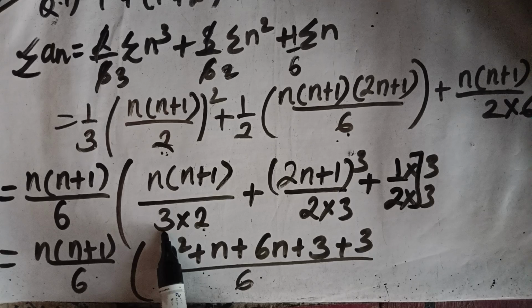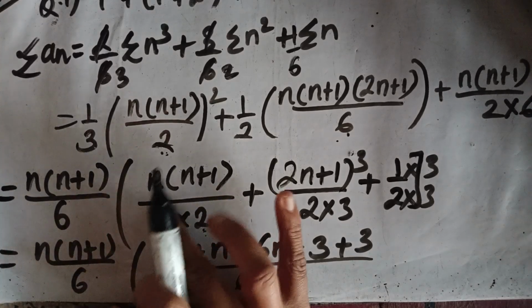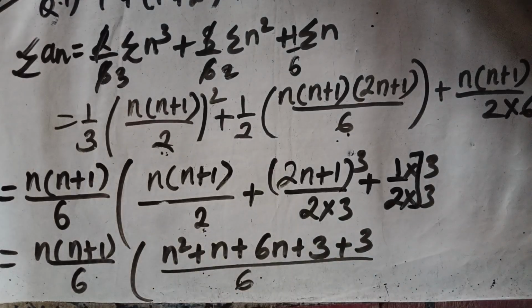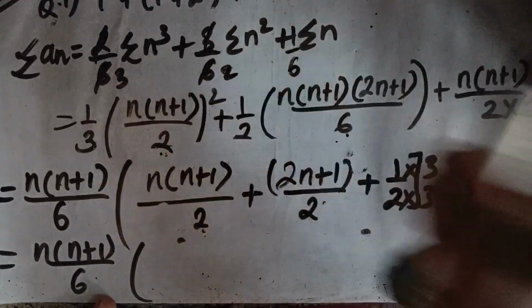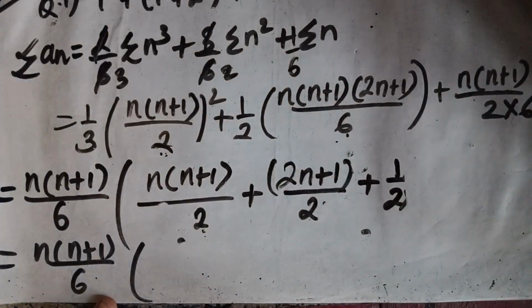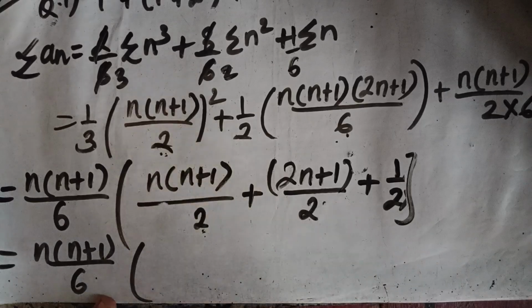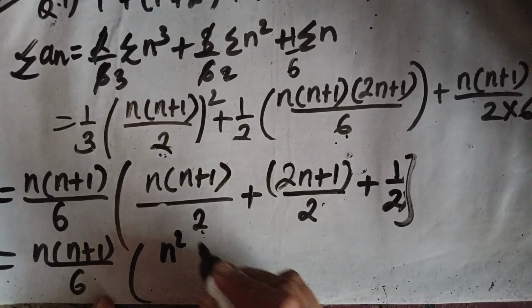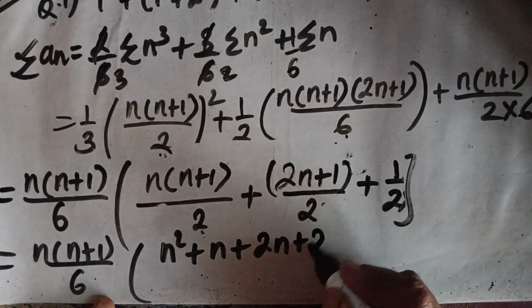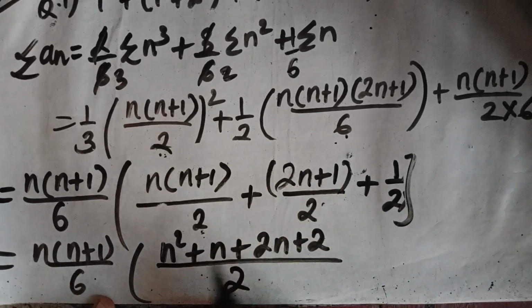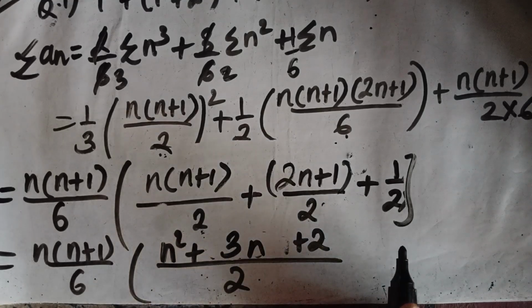Here 3 into 2, 6 we have taken outside, so it will be 2 only. This is wrong. No need to multiply by 3. You can directly add this. So n square plus n plus 2n plus 2. So this is n square plus 3n plus 2.